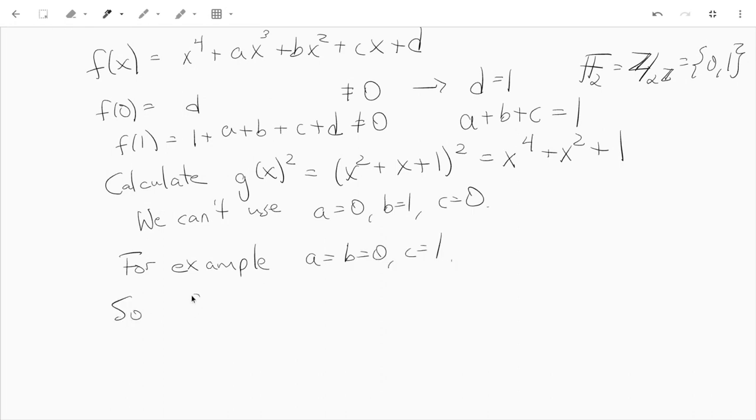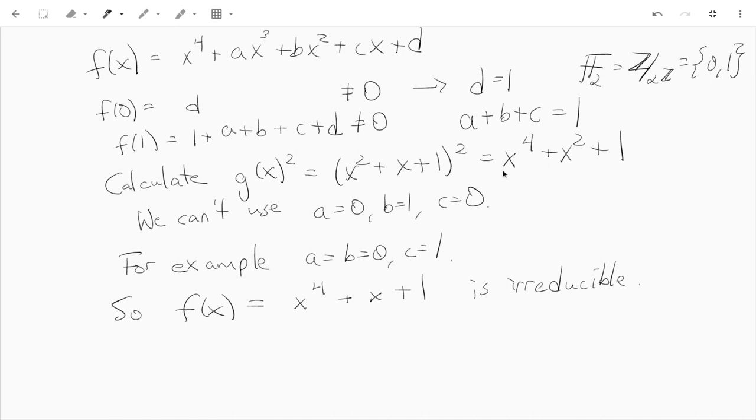So this tells us that f of x is x to the 4th plus x plus 1. This is irreducible. It has no roots, so it has no linear factors. So if it is reducible, it's a product of two irreducible quadratics. But there's only one polynomial of degree 4 that's a product of two irreducible quadratics.